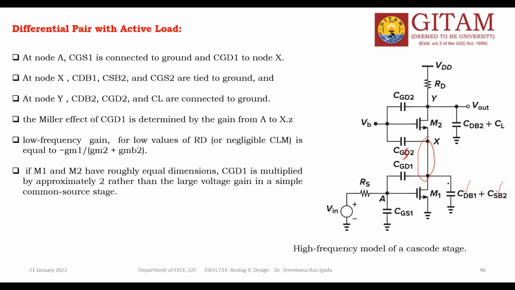These are joined like this. This is one transistor, these are the two transistors. They are joined like this. And at node Y, this is node Y.